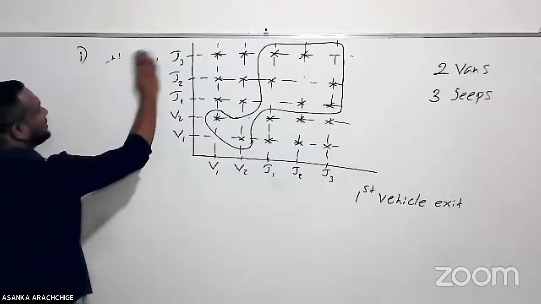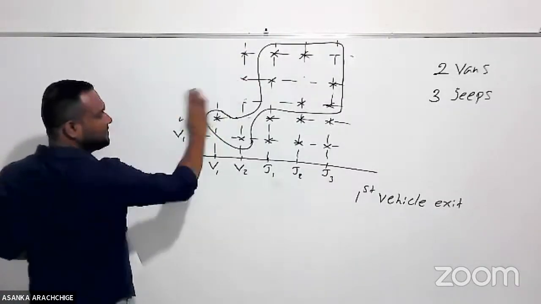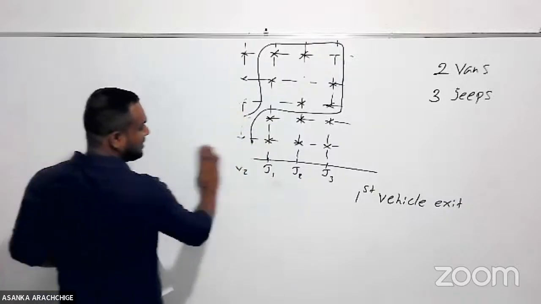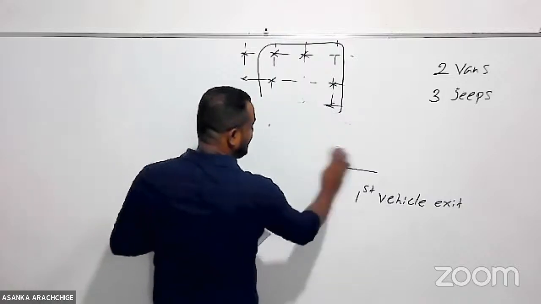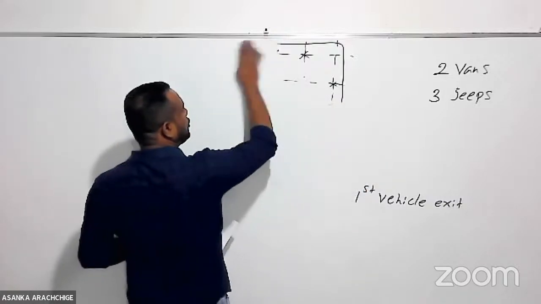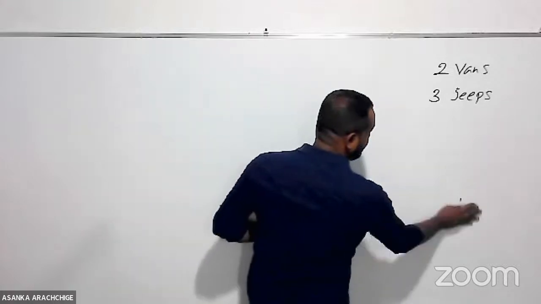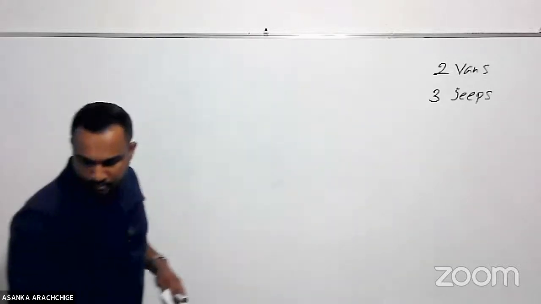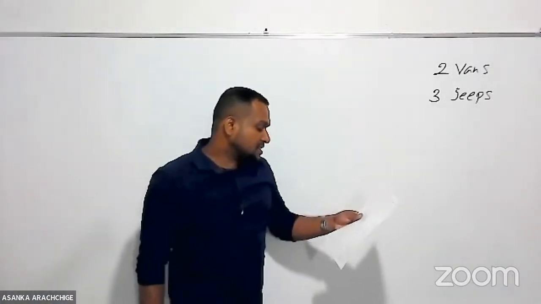There are in total 5 vehicles. Out of 5, 4 are manual and only 1 is auto. The tree diagram is given like this.